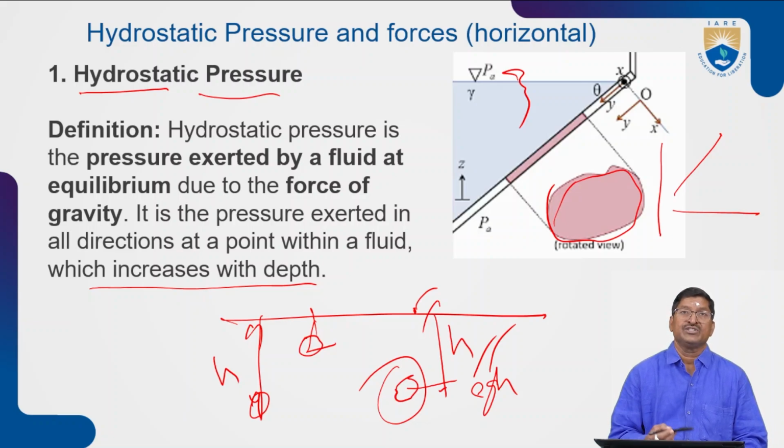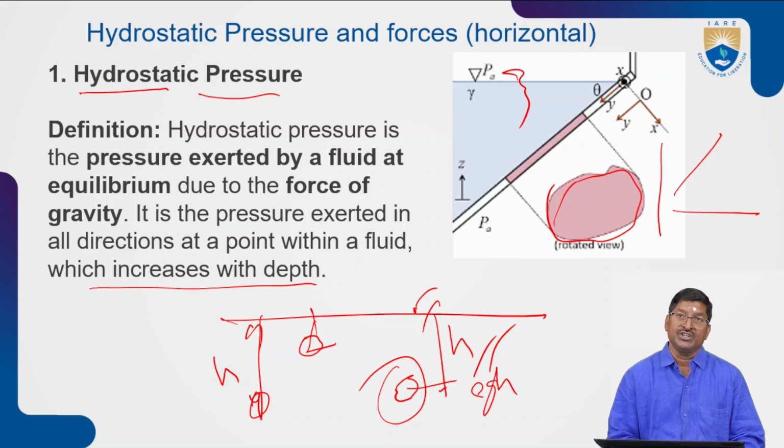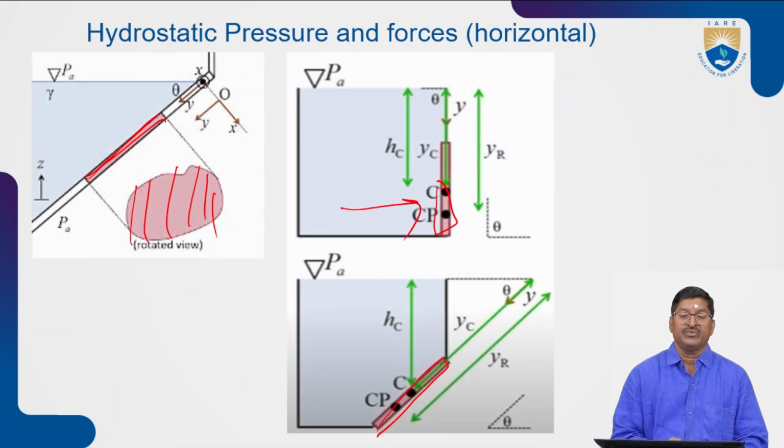The pressure will increase as the depth of the object or surface increases from the surface. Then these are the figures. The applicability is that if a tank has some gate at the bottom, maybe a vertical gate or an inclined gate, how much pressure is applied by the fluid onto that particular gate. That is one practical application.